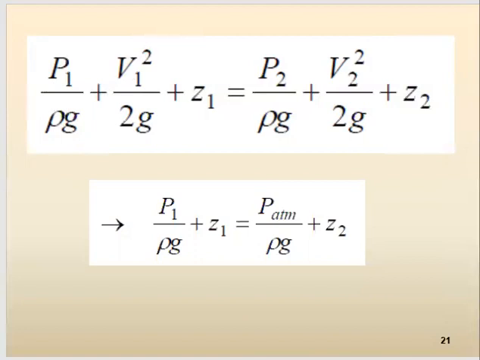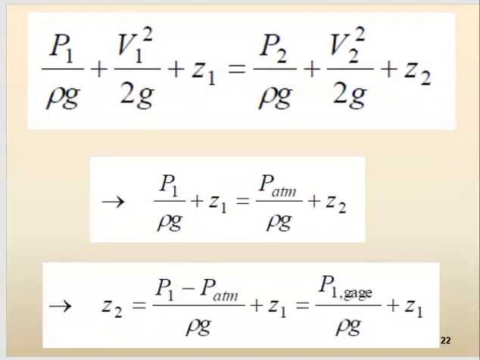If I rearrange, this is what I get: Z2 is equal to P1 minus P atmosphere over rho g, plus Z1. P1 minus P atmosphere is the gauge pressure at point 1. Gauge pressure is the pressure at a point minus the pressure of the atmosphere. And gauge pressure is already given, it's 3 atmospheres.